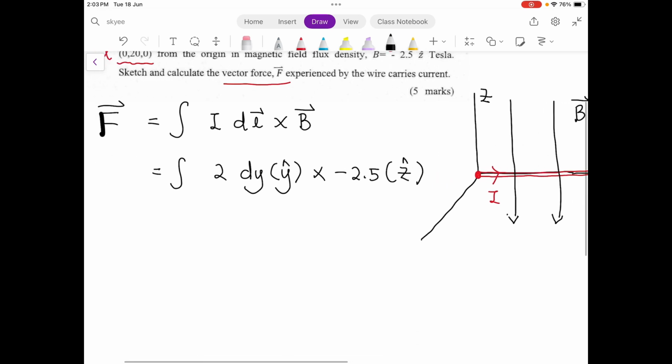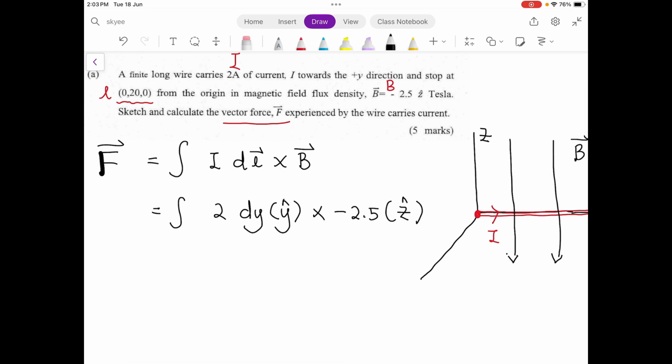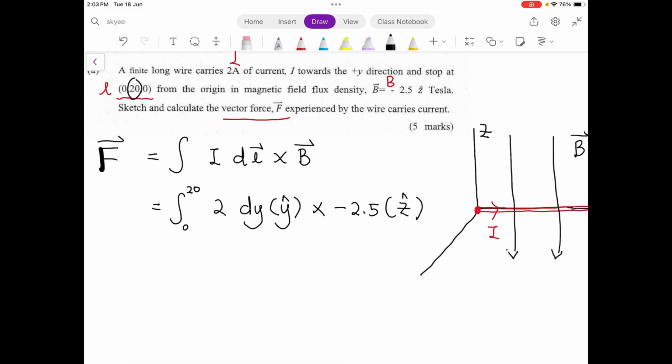Next we define the interval. The interval of the length of the current filament is from 0 until 20. So let's calculate this. You can key into the calculator: integrate 2.5 multiply 2, from 0 to 20, and you get 100.